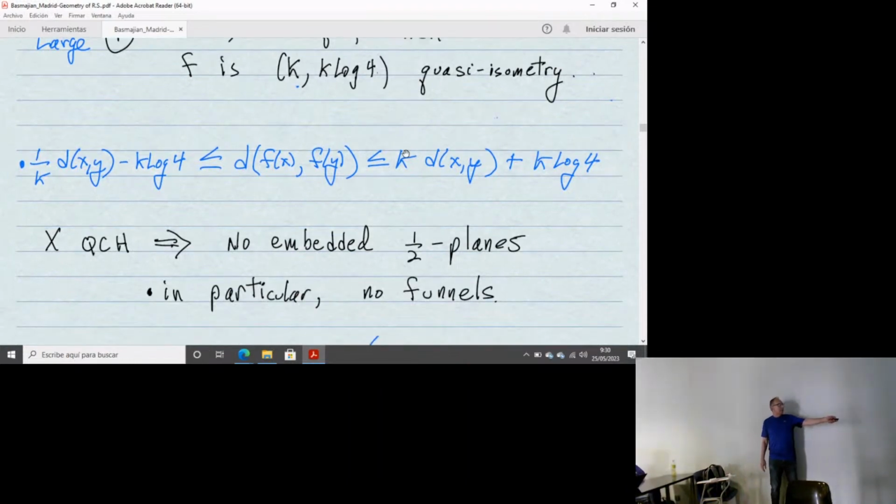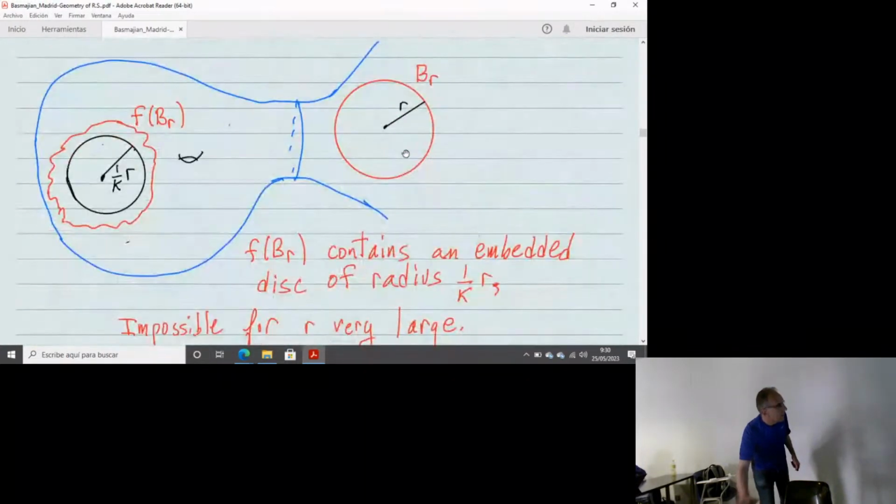You can't have embedded half-planes, and in particular, no funnels if you're QCH. Here's the picture. Here's a hyperbolic surface with a funnel. You have this large embedded half-plane, as big as you like out here.